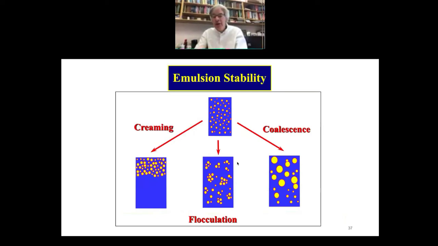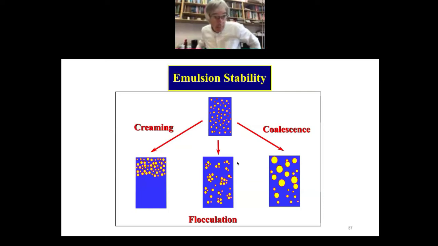There are three main types of destabilizing mechanisms. One would be creaming, in which, because of the density difference typically between the discrete phase and the continuous phase, over time, the lighter phase might rise to the top. So in an oil in water emulsion, you might get the oil droplets creaming over time.